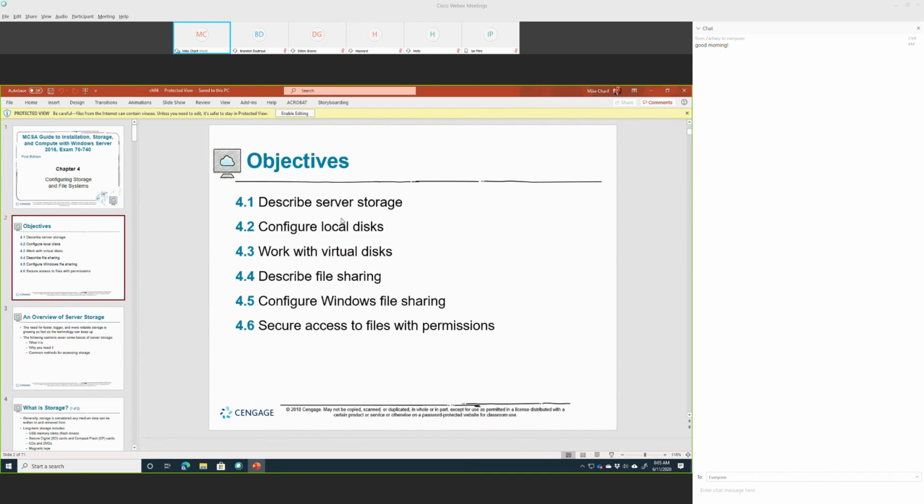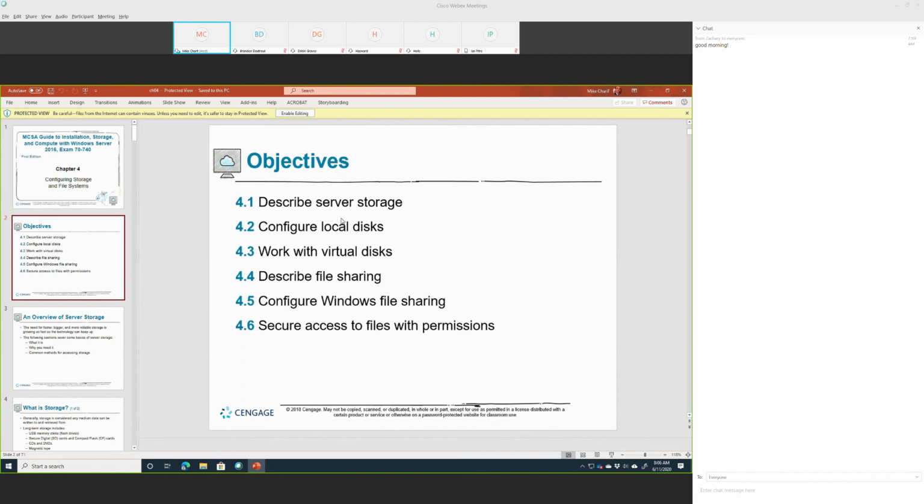And you can describe file sharing, configure Windows file sharing, and secure access to files with permissions. Of course, I think sections 4.4, 4.5, and 4.6 in a way describe, if you look at that, the purpose of having a hard drive for storage.